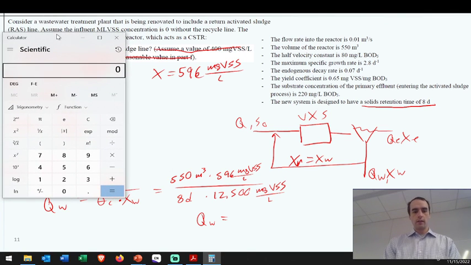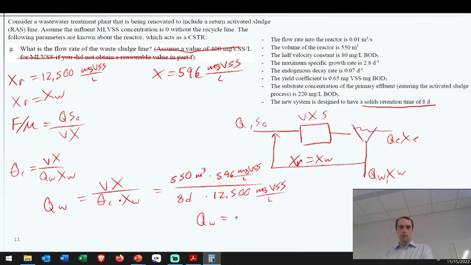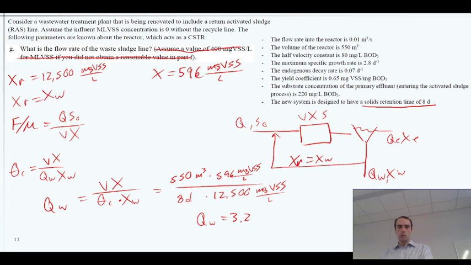And we can say we should have a QW of 3.28 cubic meters per day.